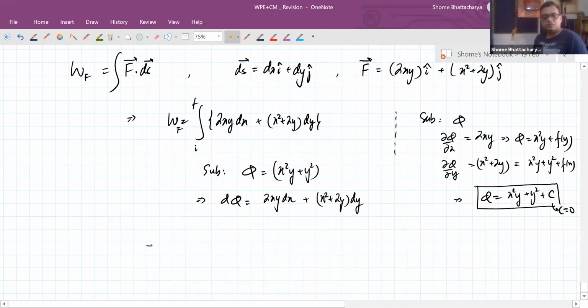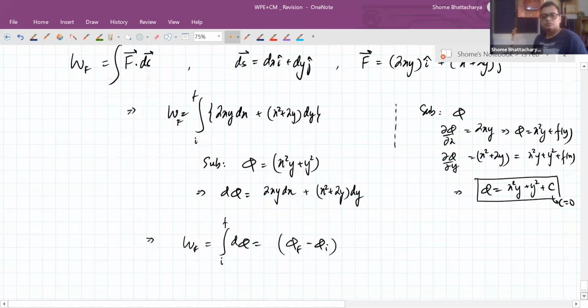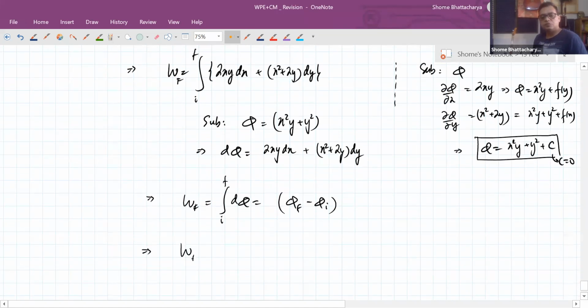So hence, in general, the work done by this force would be defined by the relation x square y plus y square at the final position, minus x square y plus y square at the initial position.